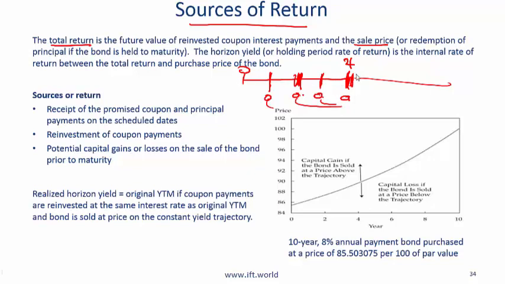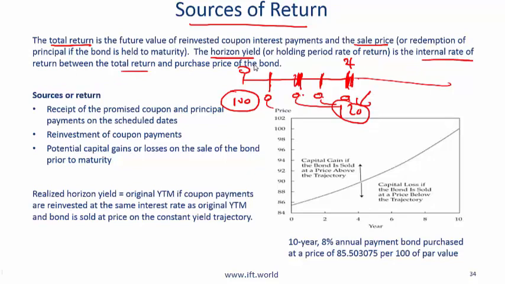Let's say when you do all this, over here you have $120 from selling the bond and from all the coupons that you received during the life of this investment. And let's say that the initial amount that you spent, the purchase price, was 100. Then the horizon yield is the internal rate of return between the total return of 120 and the purchase price of the bond.